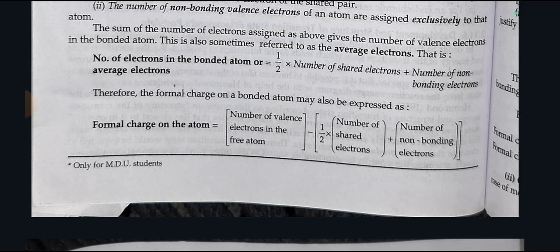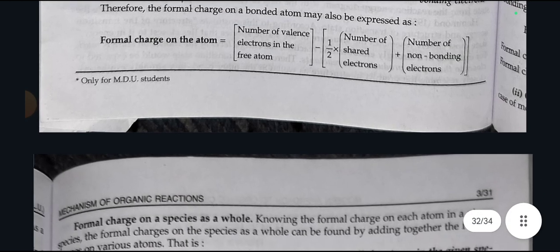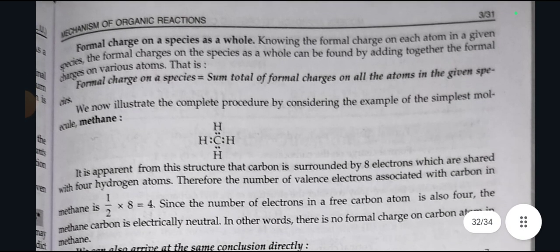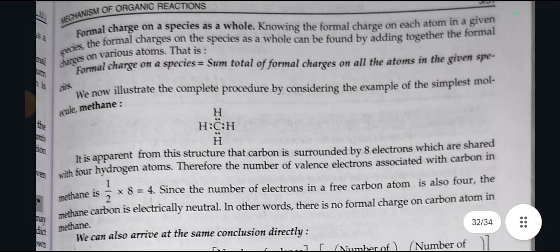Therefore, the formal charge on a bonded atom may also be expressed as: formal charge on an atom is equal to the number of valence electrons in the free atom minus half into number of shared electrons plus number of non-bonded electrons. Formal charge on the species as a whole.